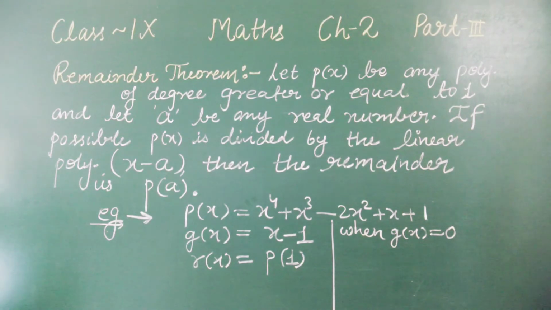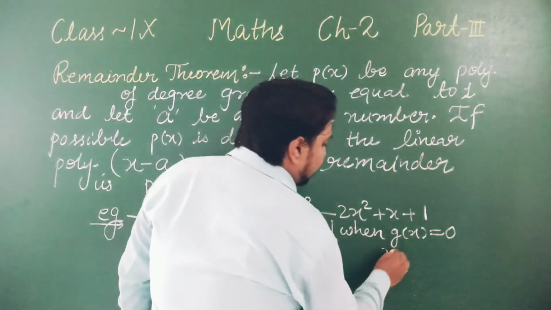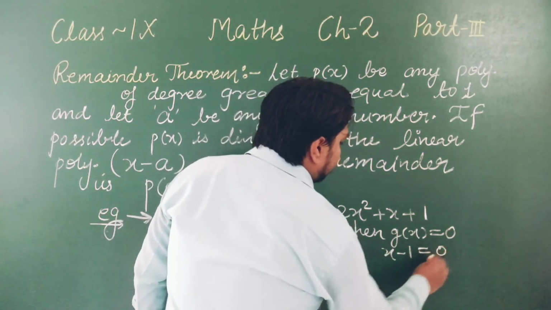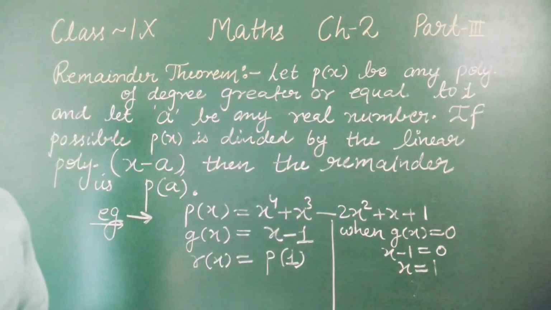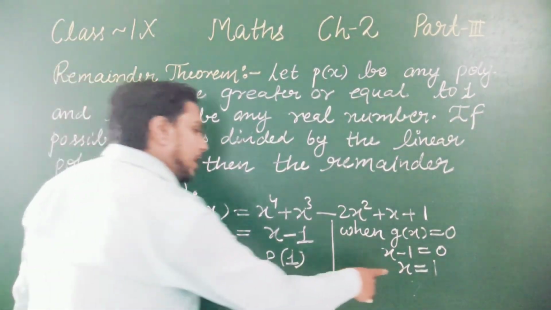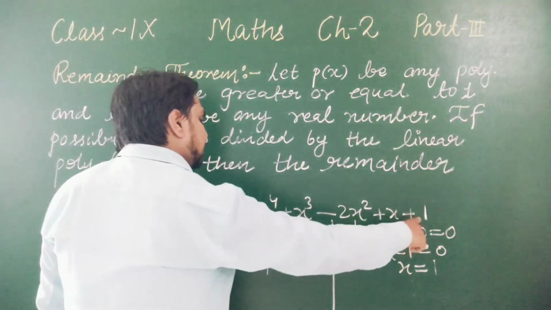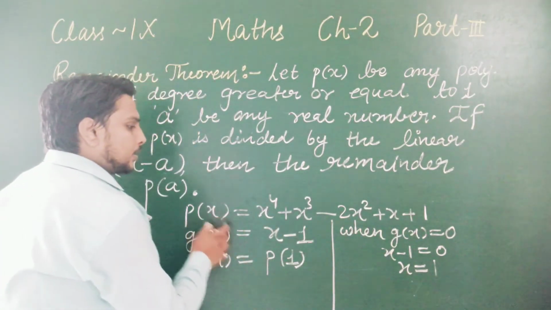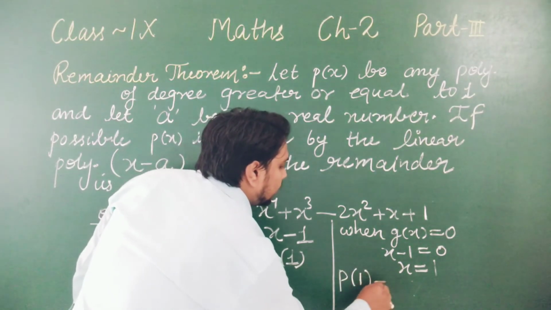So when x minus 1 equals 0, x will be 1. Wherever there is x in the polynomial P(x), if you put the value of x as 1, that will be your remainder.